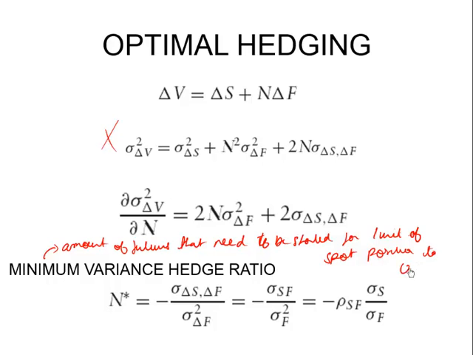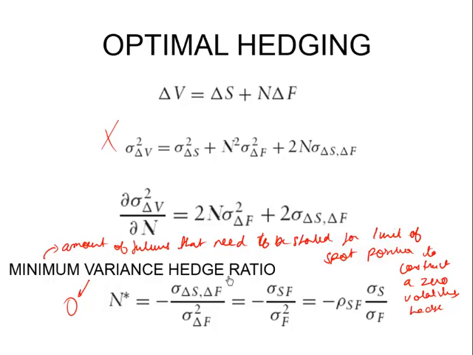To construct a minimum variance hedge or a zero volatility hedge, what is the minimum variance that can be? Variance is a square, it can never be negative. Minimum variance can be 0. So minimum variance hedge is the same as a zero volatility hedge.